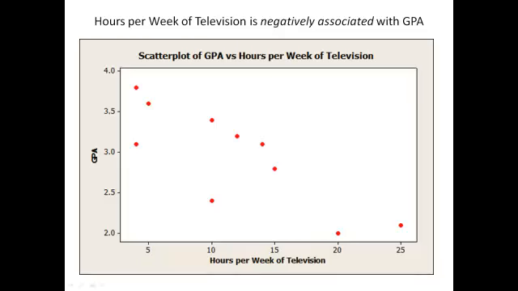And in fact, if we calculate the correlation coefficient for these two variables, we get an R of negative 0.813. That's a fairly strong negative correlation. Remember that correlations can be as small as -1 and as large as +1. Well, here our correlation coefficient is negative 0.813. That's pretty strongly negative.